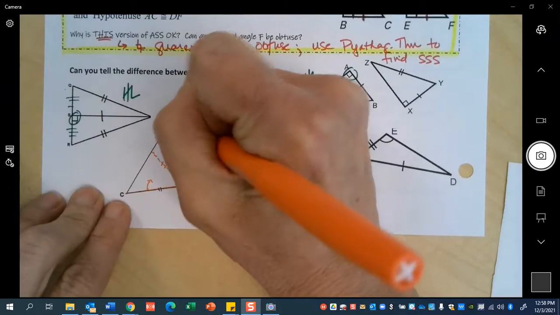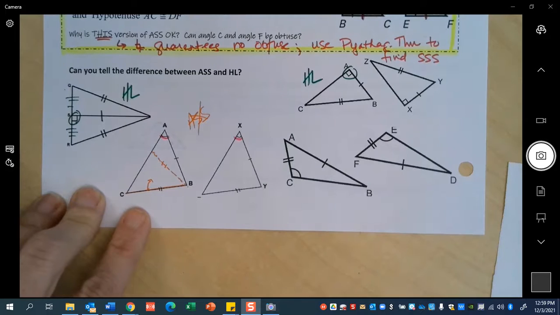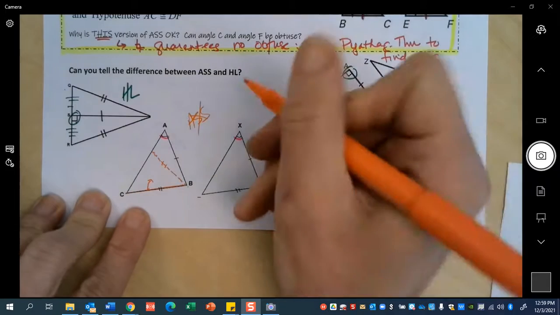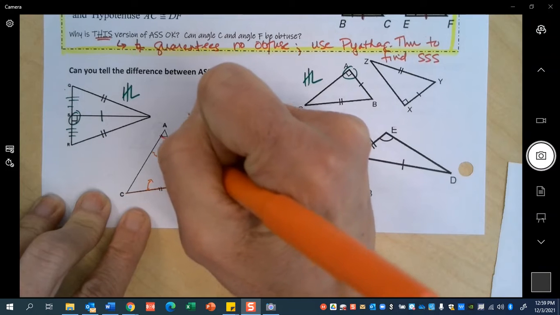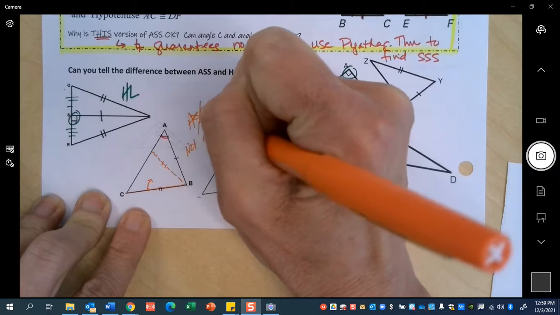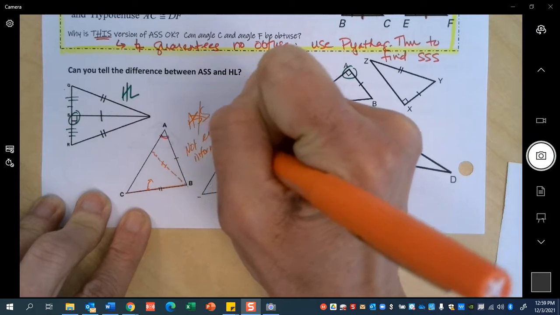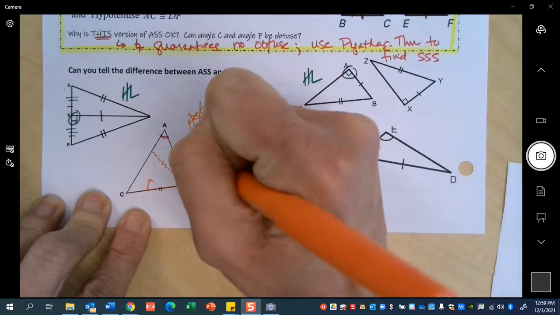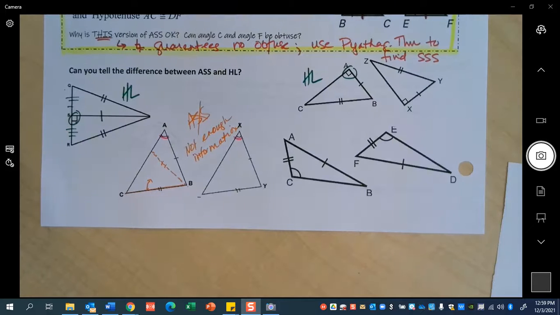So we're going to say that that's angle side side, which is not one of our postulates because no cursing in geometry. So therefore, we're going to say not enough information. I need another angle. I need another side in order to guarantee that those are congruent.